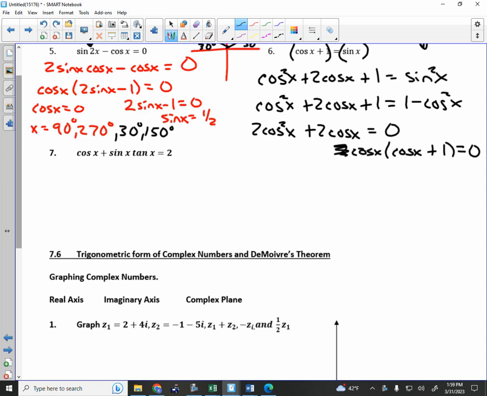Great. So we have two equations. The first one is cosine of x is equal to 0. The second one is cosine of x is equal to -1. Where is cosine of x equal to 0? 90 degrees and 270 degrees.